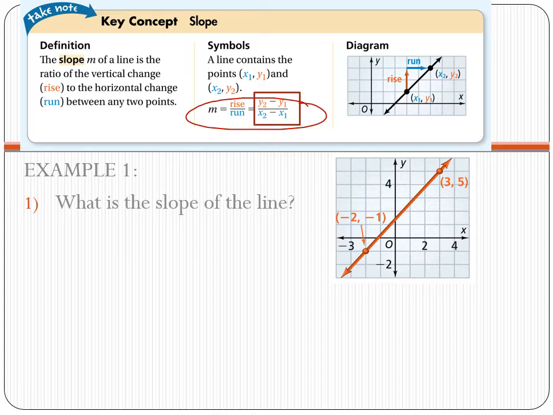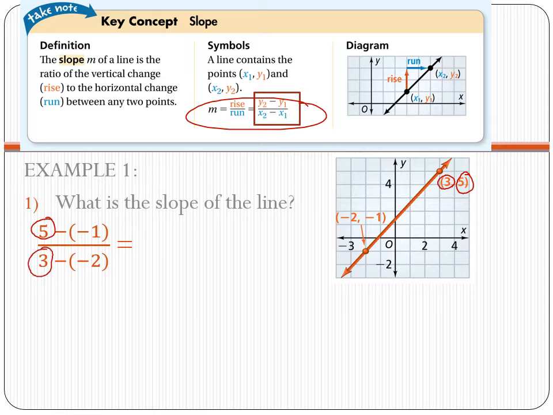So again, the big thing we need to think about when we're doing this is consistency. If you're going to start with this 5 right here being your first y value, then I have to start with this 3 here being my first x value.